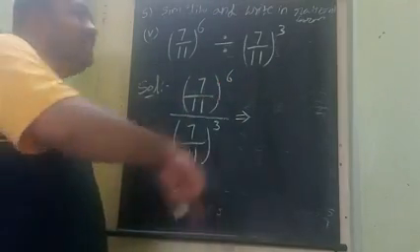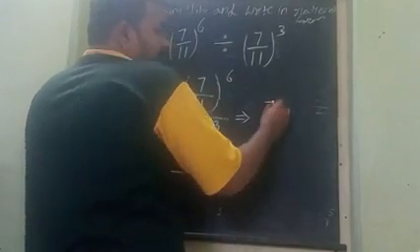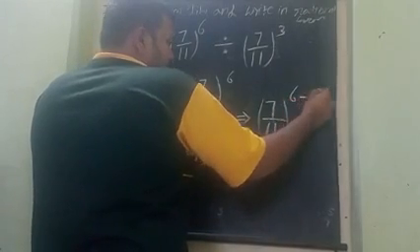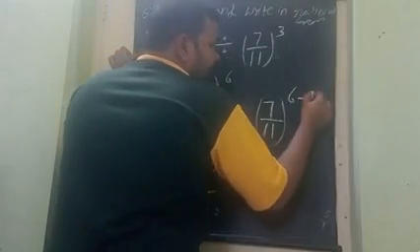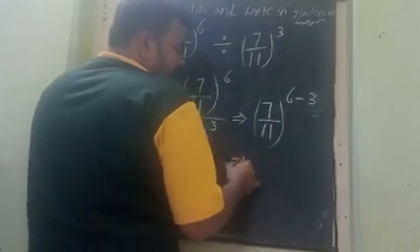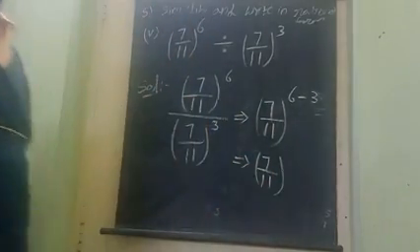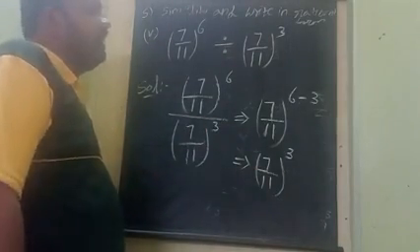So the highest one is in the numerator. Subtract in the numerator: 7 by 11 whole to the power of 6 minus 3. That is 7 by 11 whole to the power of 3.